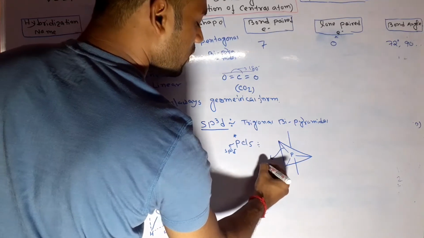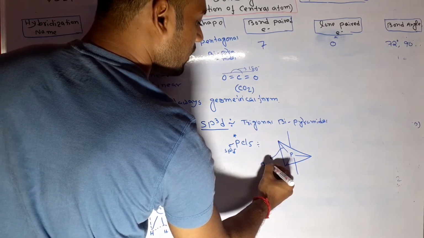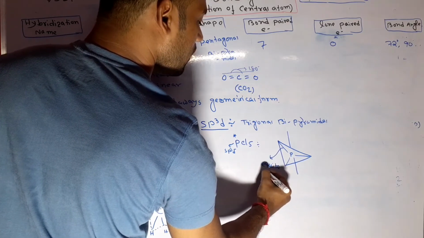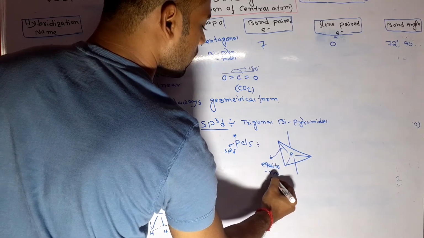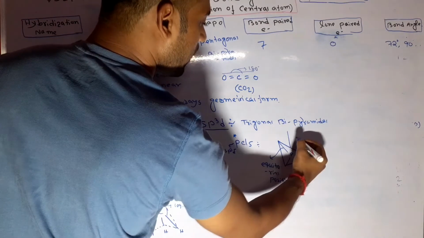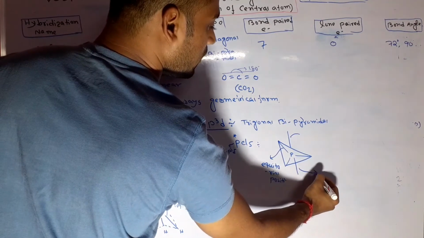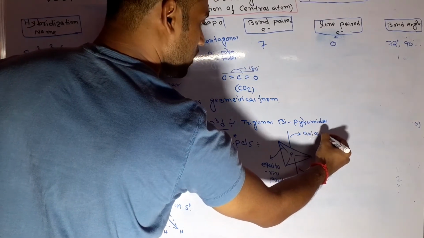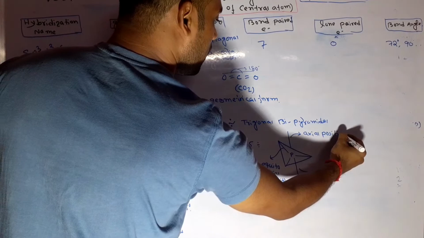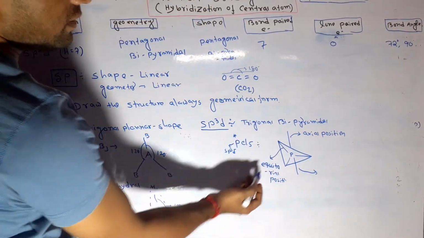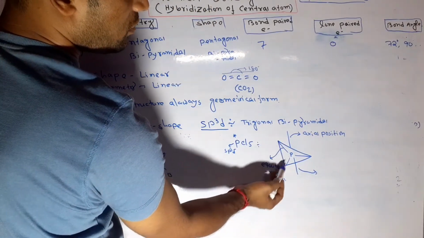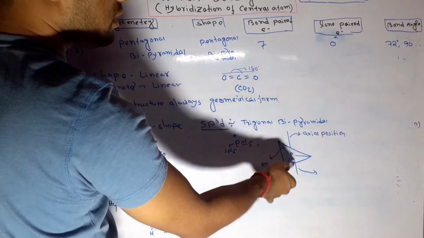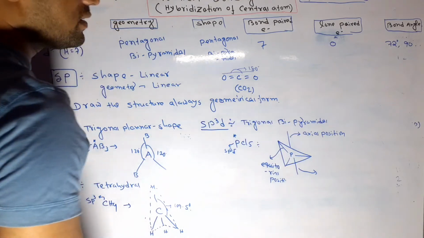These 3 positions are known as equatorial positions, and the upper and lower positions are known as axial positions. In any structure, the central atom and the corner positions of the triangle are equatorial positions, and the 2 positions, one upper and one lower, are axial positions.